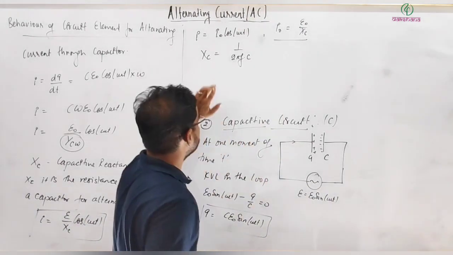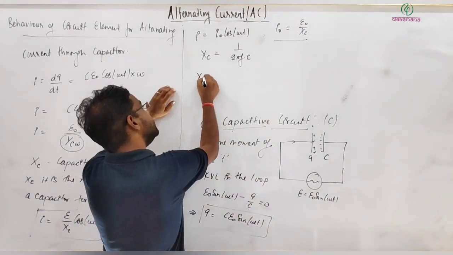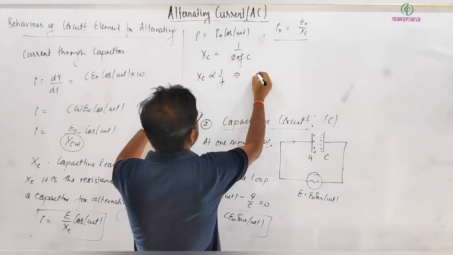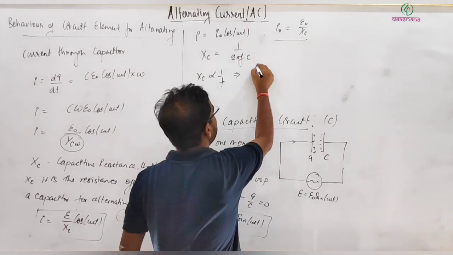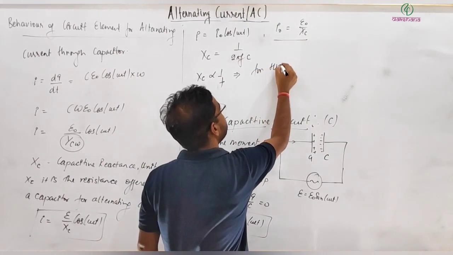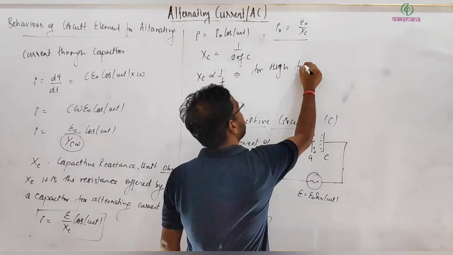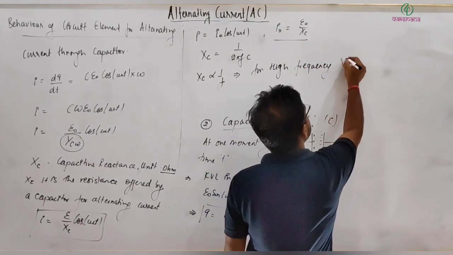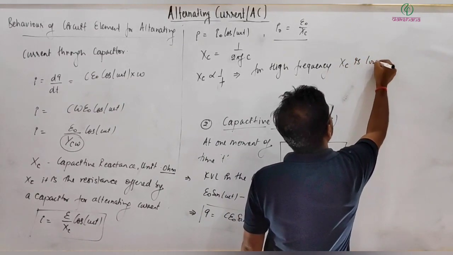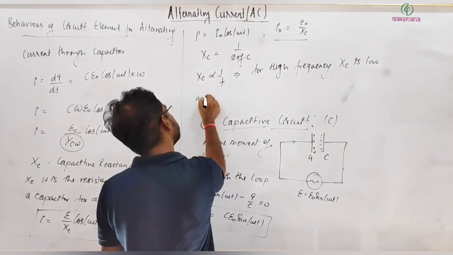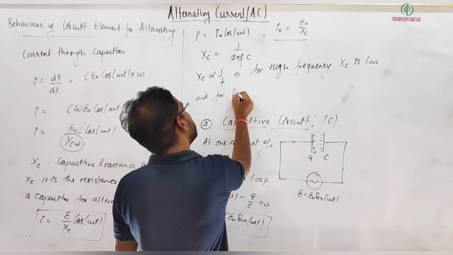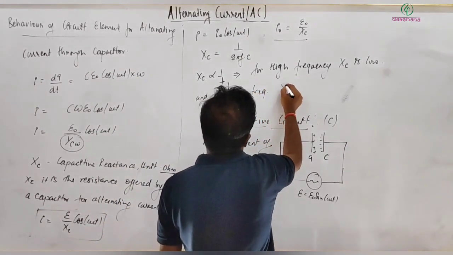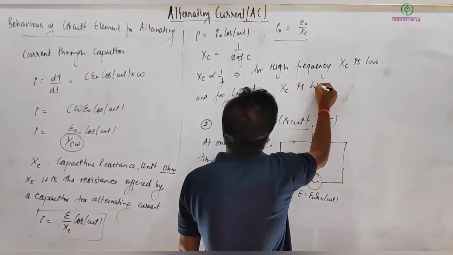Is it? So XC is inversely proportional to f, f is the frequency. This implies for high frequency XC is low, and for low frequency I can write XC is high.